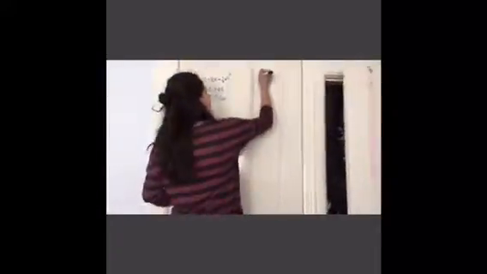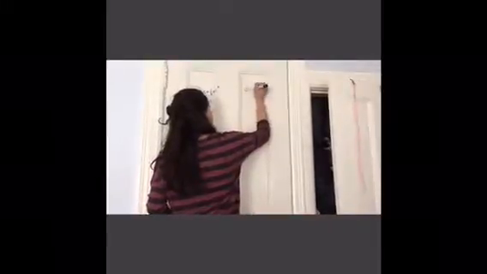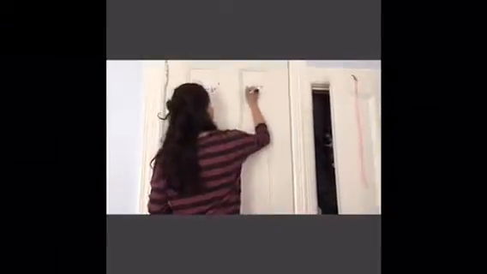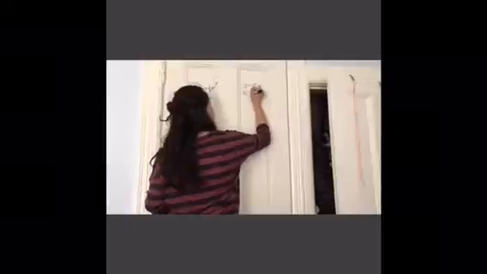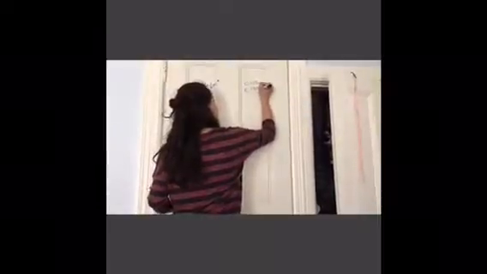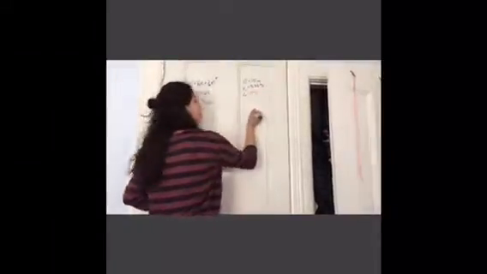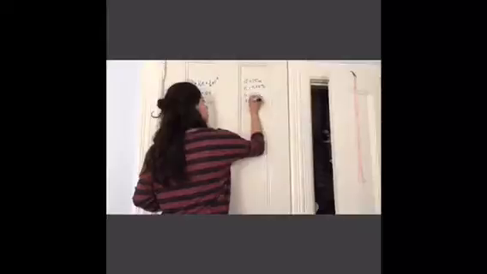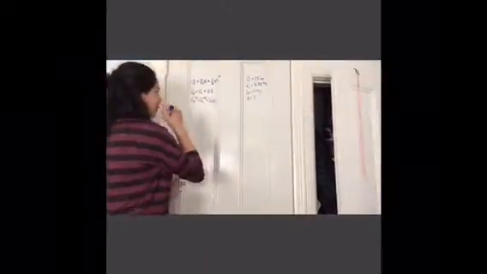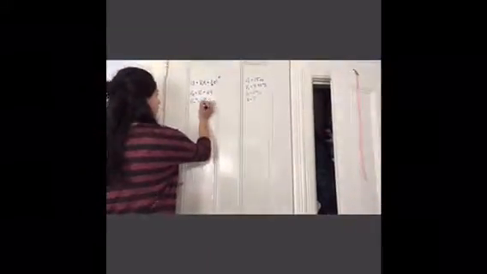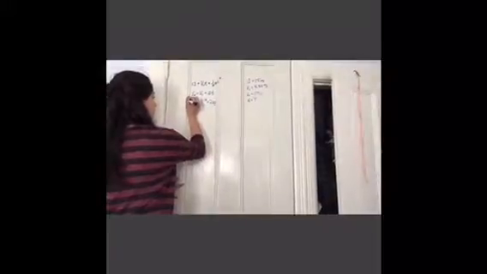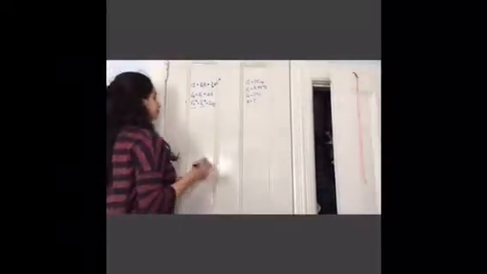So our given first is our value for d. We also know our initial velocity and our final velocity. And we're trying to solve for our acceleration. So if we have d, vi, and vf, we're going to use our third kinematics equation.